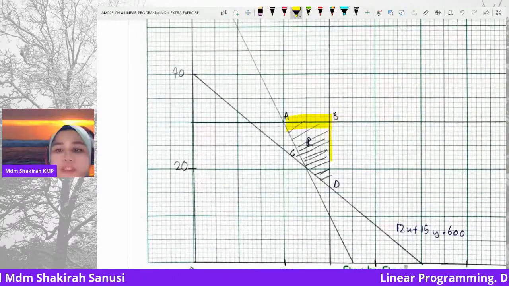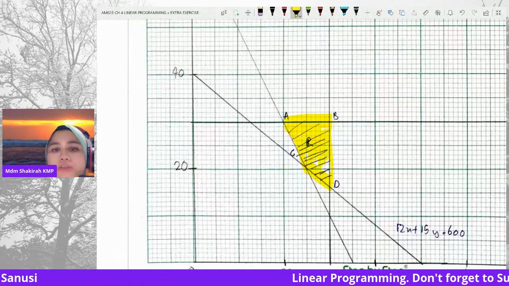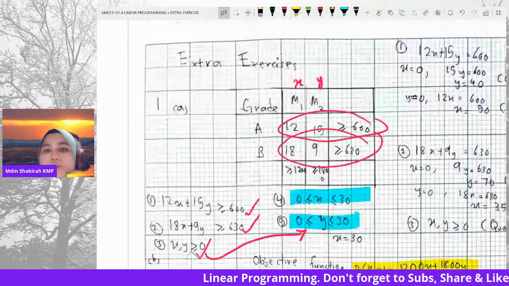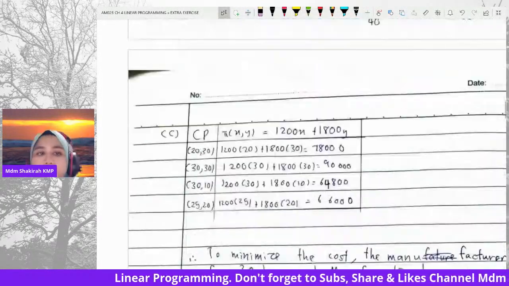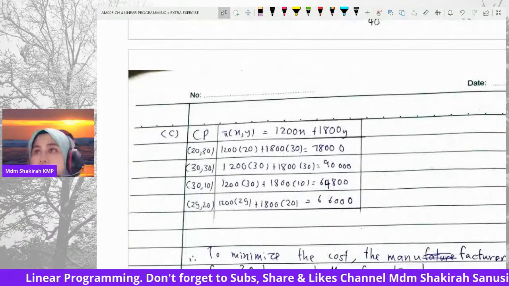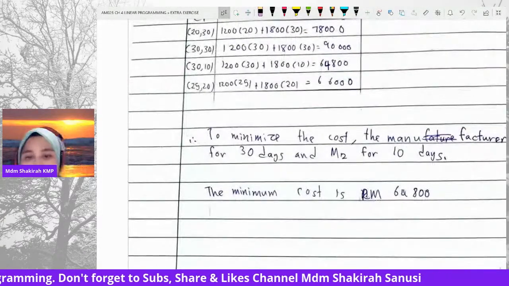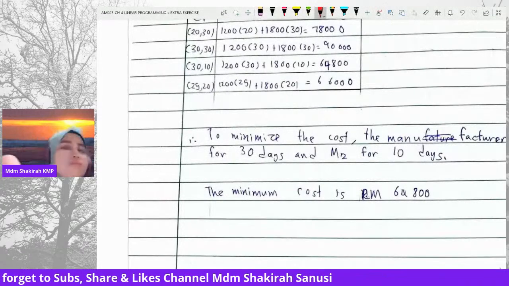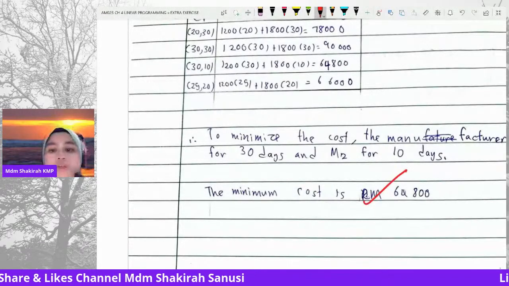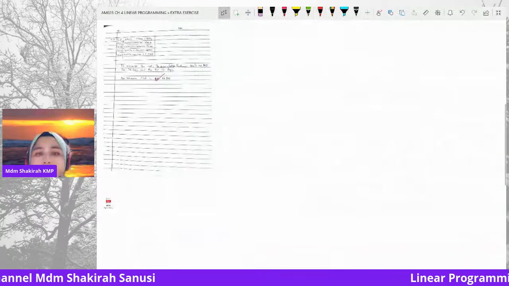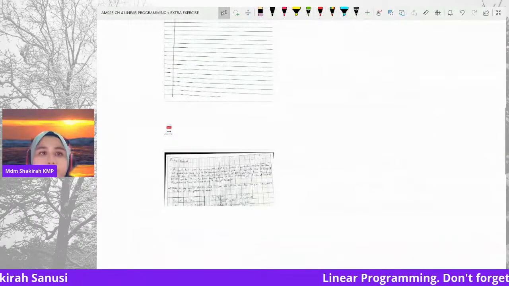This is your punya region. Okay, so let's see your conclusion. Jalan kerja kawan awak ni. Okay, good. Alright. So here, ada lagi tak solution kawan awak kat bawah ni?